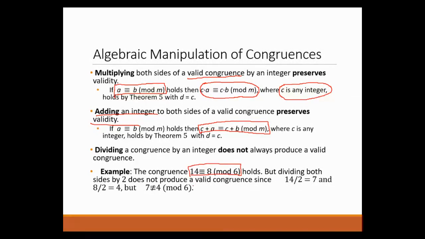Now, if we divide both sides by 2, we get 7 and 4, and we have to check whether 7 is congruent to 4 mod 6. In this case, a minus b is equal to 3, and 3 is not divisible by 6. So division does not necessarily preserve the validity.